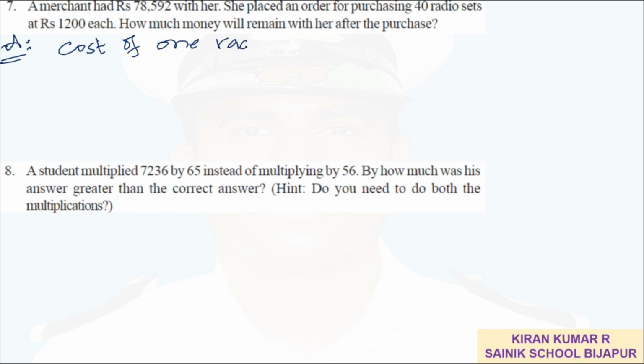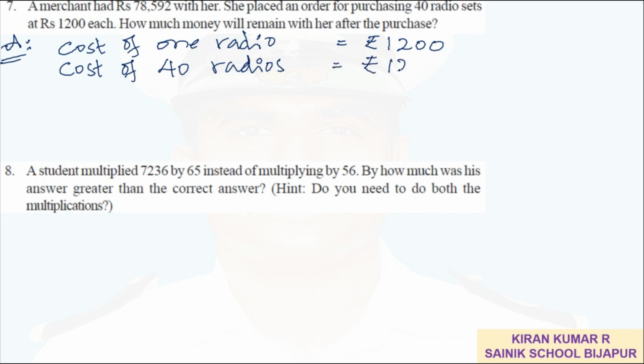The cost of one radio is given as rupees 1,200. She is purchasing 40 radios, so the cost of 40 radios will be rupees 1,200 multiplied by 40. We get it as rupees 48,000.